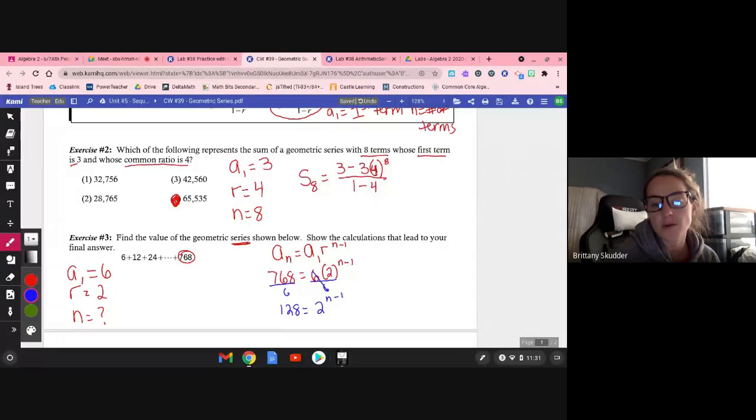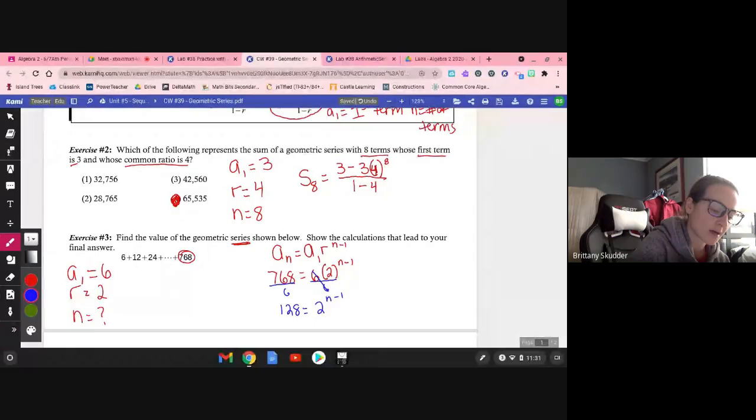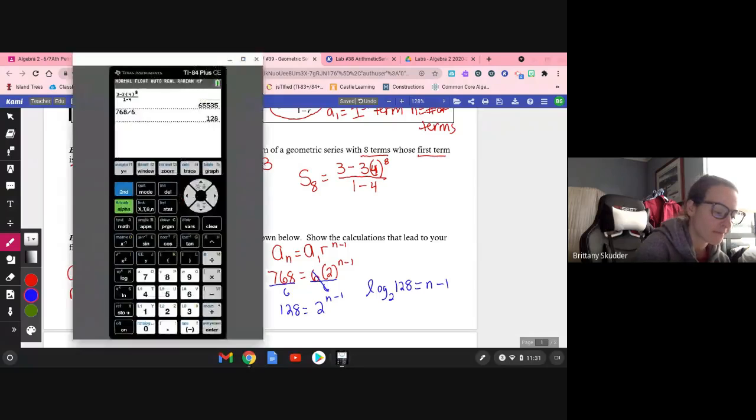Okay. And then when we're at this point here, our variable is our exponent. So we're going to put this into log form. So log, the base is 2 of 128 equals n minus 1. Calculator, alpha window, number 5, 2, and 128.